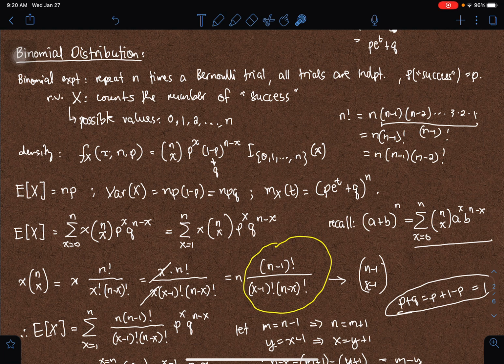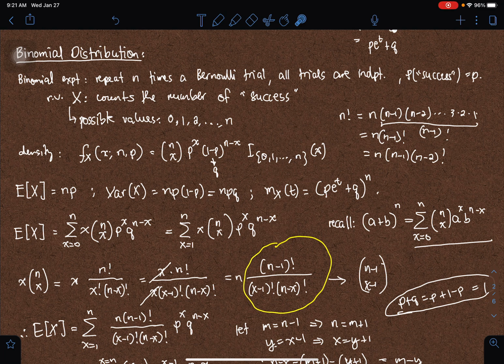So the possible values of x will be 0, and that is the case when in n repetitions, all outcomes of the experiment are quote-unquote failures. Or we can have one successful experiment or two successful experiments, etc. Or if we got lucky, all n experiments will result in success.